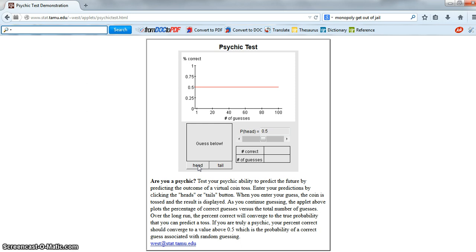This is supposed to be looking to see if we're psychic, but what we can do is just look at how often they're heads if we always click heads. Okay, the first one was tails, so that was 0% correct, and keep going. Okay, now I got 50% correct because that one was a heads. Now I'm up, up, down, up, up, down.